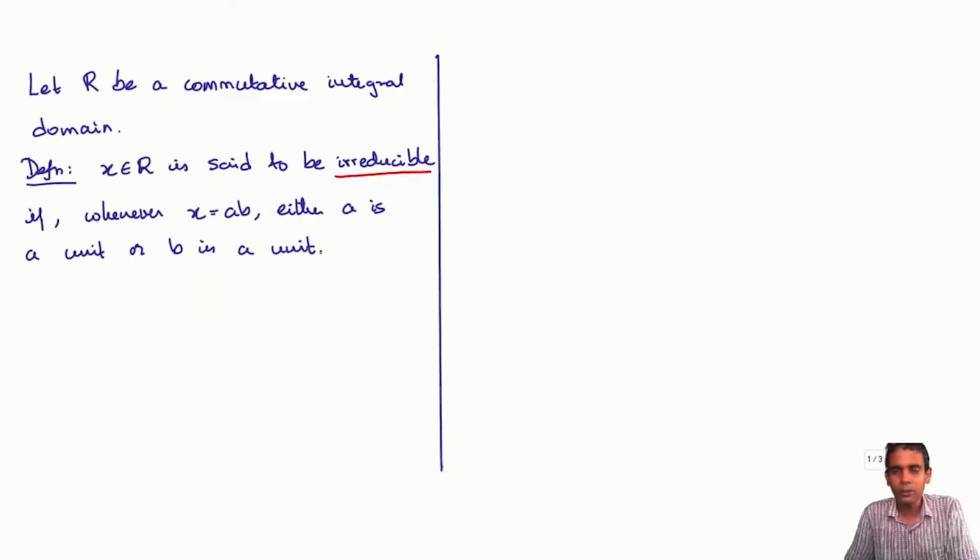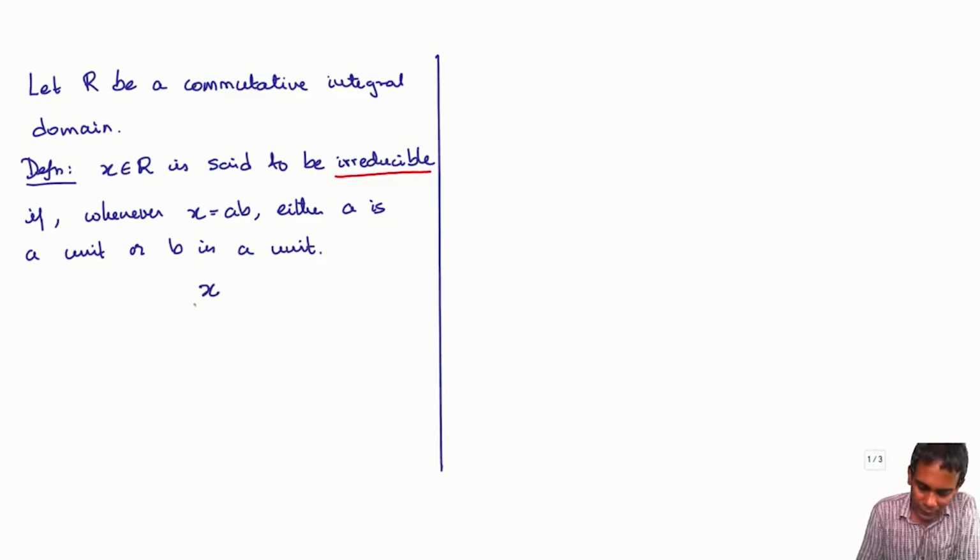So prime numbers are obviously irreducible. If you try to write them as a product of two integers, then one of those integers must be a unit. Okay, now let's try to see how we can take an element x of R and, if it's not irreducible, write it as a product of two elements, neither of which are units.